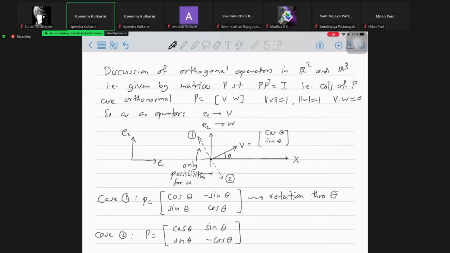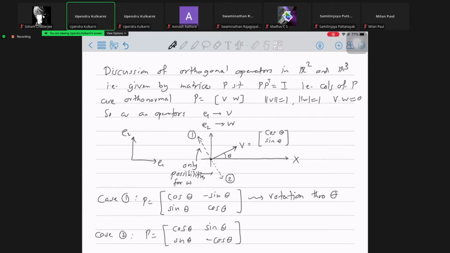So what is this second case? This is kind of interesting. So the geometry of this is something that is worth understanding.